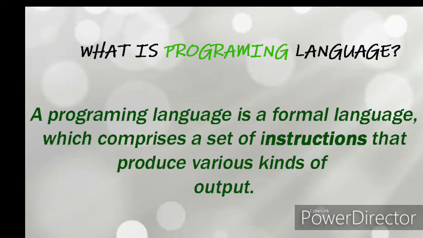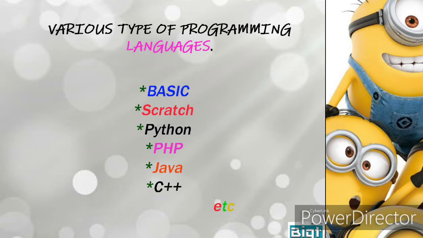Now, let's talk about the different types of programming language. Number one here is BASIC, which is an acronym for Beginners All-Purpose Symbolic Instruction Code. The number two here is Scratch, which I know we've discussed in one of our classes. Number three is Python, which will be the one we'll focus on for this course. Number four here is PHP, which is an acronym for Hypertext Preprocessor. Number five is Java, which is also a popular programming language.